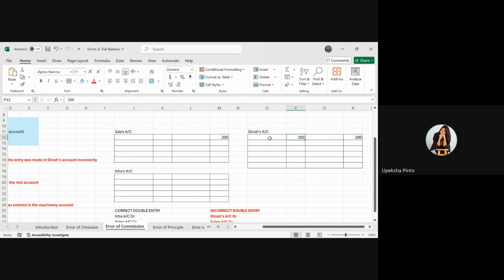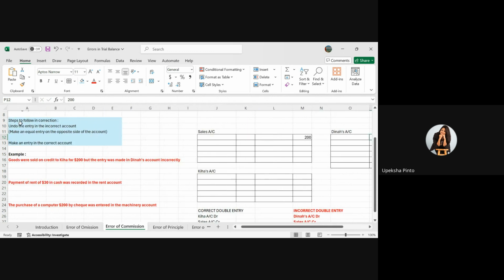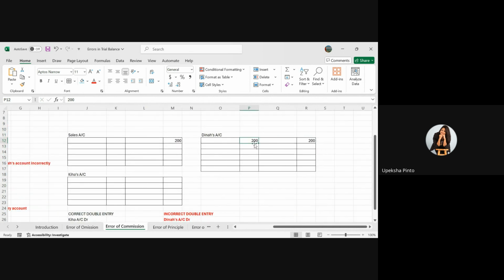Dina's account is at the moment debited. Undo the entry in the incorrect account, making an equal entry on the opposite side. So Dina's account is wrong, so I'm going to credit it. This is my first thing I had to do.